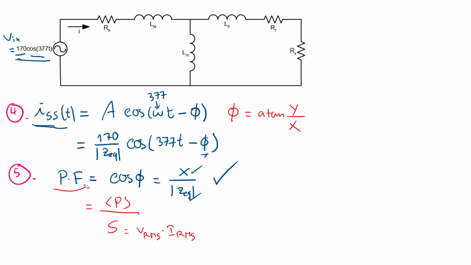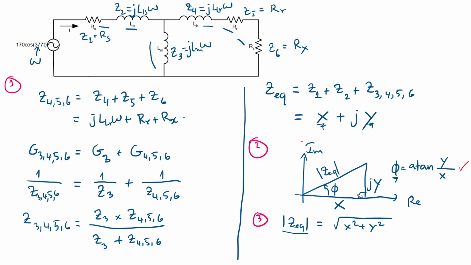Then you can have the power factor just like this, because P is just V root mean square times I root mean square times cosine phi, and then you divide it by the apparent power, right? Then you cancel, and you just have cosine phi. So look at here.